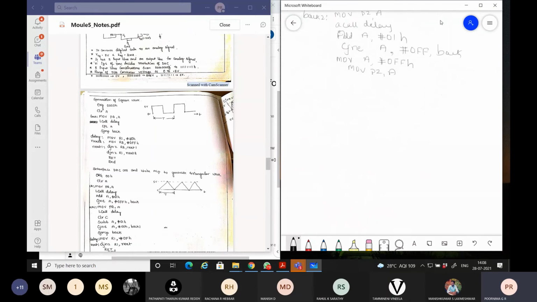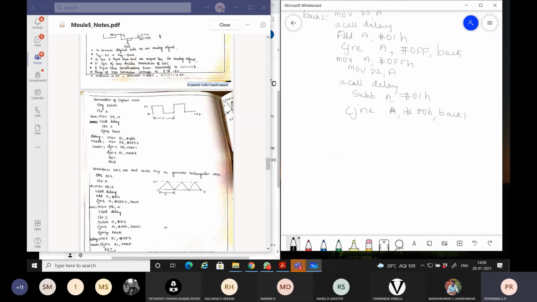How to get FE from FF? Subtract by 1. So after sending this value, a call delay, a small delay we will be providing. Then subtract, SUBB A comma hash 01H. Compare the accumulator contents with hash 00H and back 1.